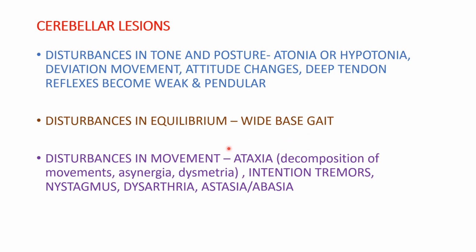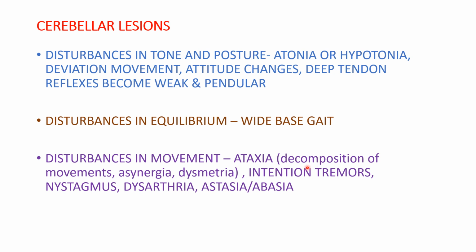Then coming to disturbances in movement. Ataxia, that is lack of coordination of movements, is the hallmark of cerebellar lesions. Here you can see decomposition of the movements, that is, movements seem to occur in stages at different joints.